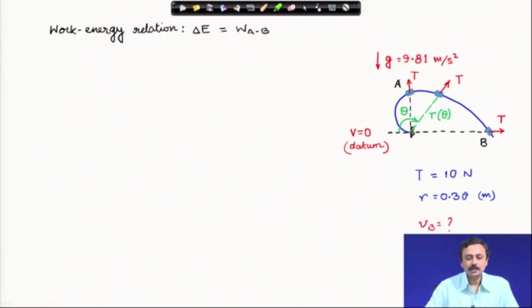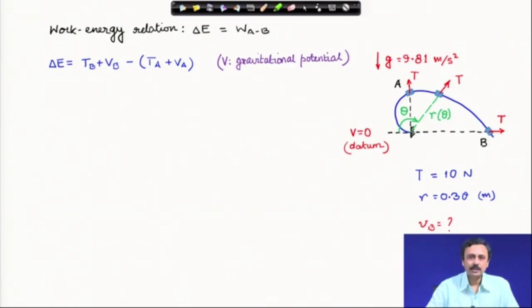The work energy relation tells us that change in the mechanical energy is the work done. Now, here the mechanical energy has both parts, the kinetic and the potential. The kinetic energy part at B plus the potential energy part at B is the net mechanical energy at B, minus the net mechanical energy at A. Again it is composed of kinetic and potential energies. Here V is the gravitational potential energy.